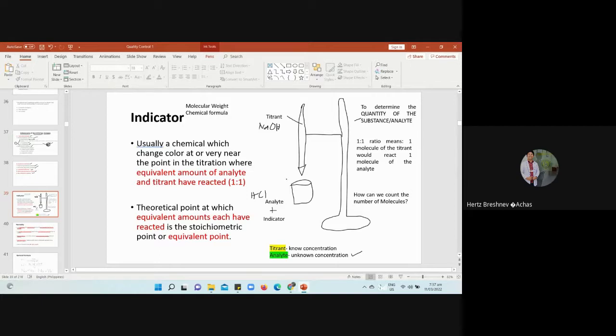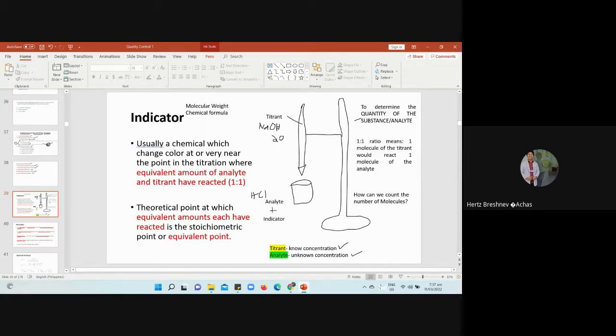Through its reaction. We defined earlier a known concentration, meaning we know how many molecules of the substance there are. Let us presume, assuming, there are 20 molecules of this.